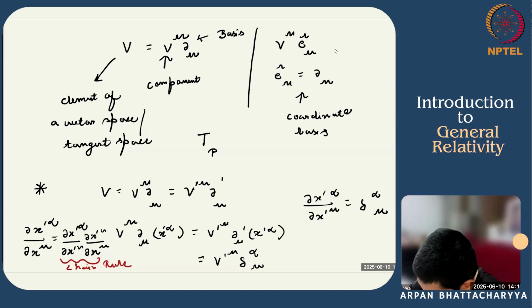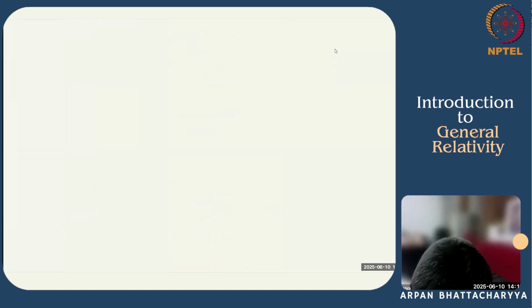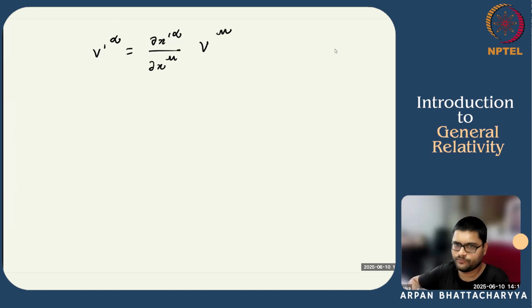Please do that, and if you simplify, then you will get the following: e prime alpha equals something times e mu. Please do this intermediate step.